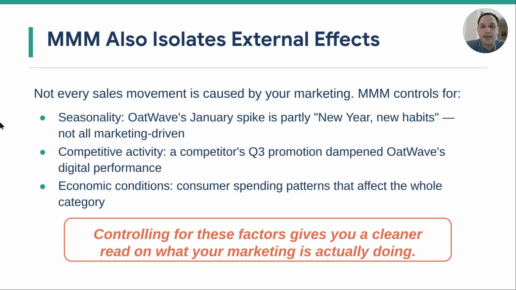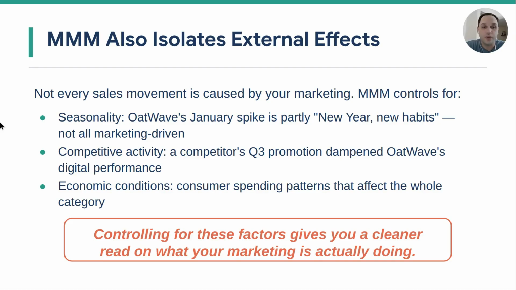One of the things that makes MMM genuinely powerful is that it also isolates the effect of things outside your control. So you get a cleaner read on what your marketing is actually doing. Oatwave's sales spike every January. Some of that is marketing driven, but a meaningful portion is a seasonal consumer behavior.